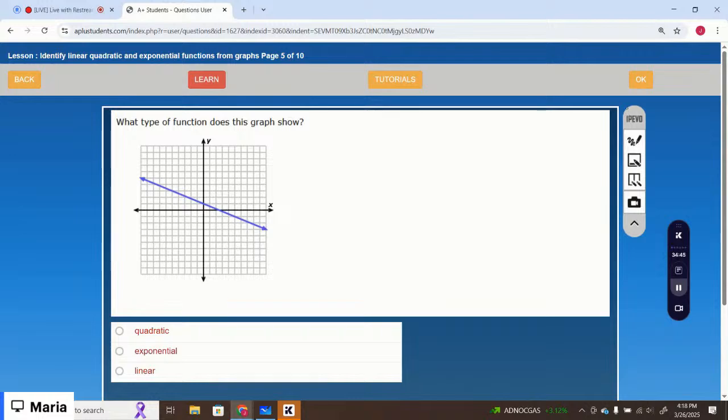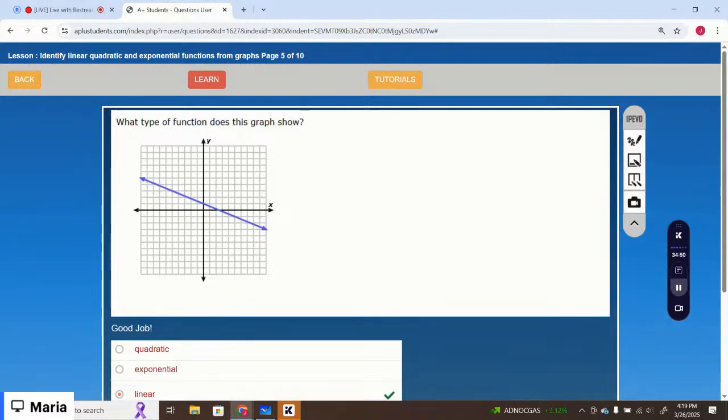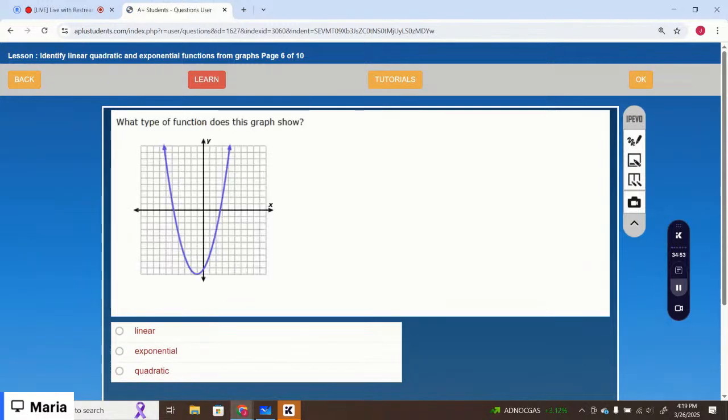Option number 3 is the correct option. The straight line is always the graph for the linear function. What type of function does the graph show? That is the quadratic function. Option number 3 is the correct option.